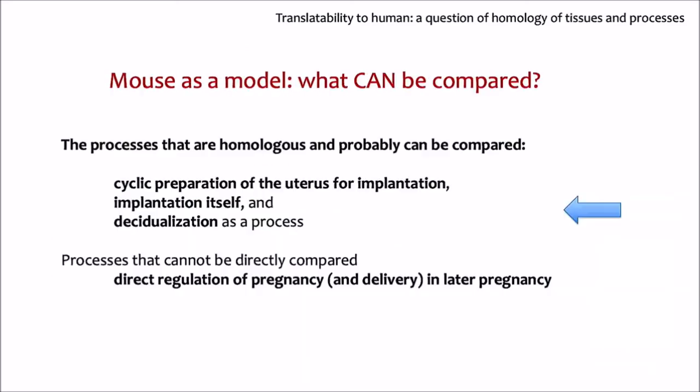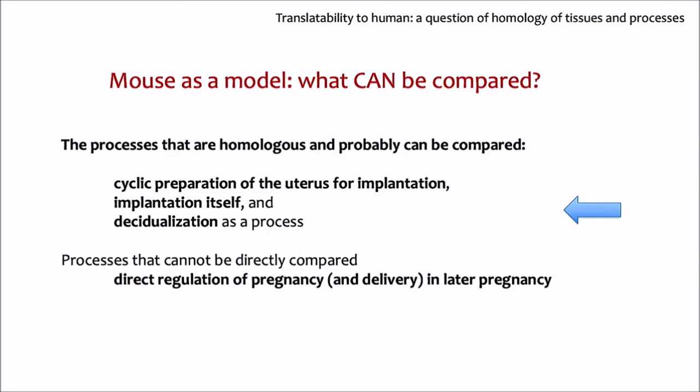Okay. So to summarize that part, I think the processes that are homologous and probably can be compared are the cyclic preparation of the uterus for implantation, the implantation itself, and decidualization as a process, but knowing that in humans it sometimes also happens in the non-pregnant cycle.